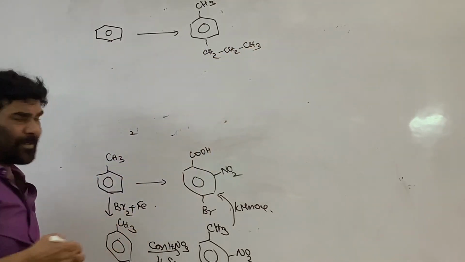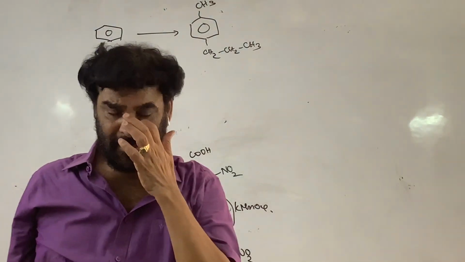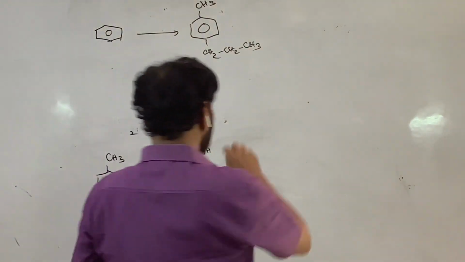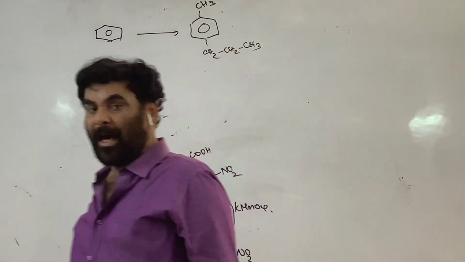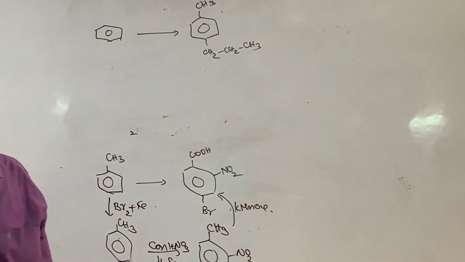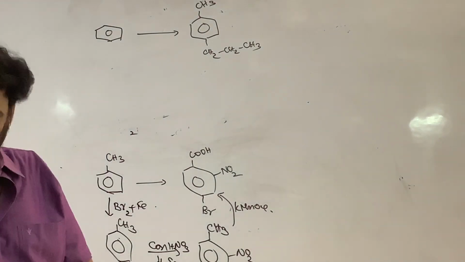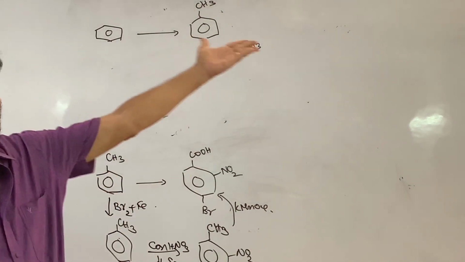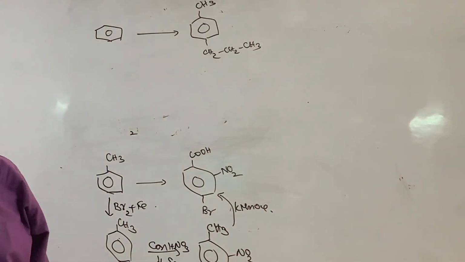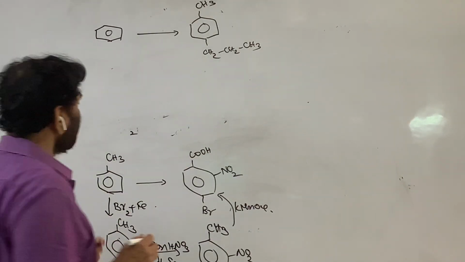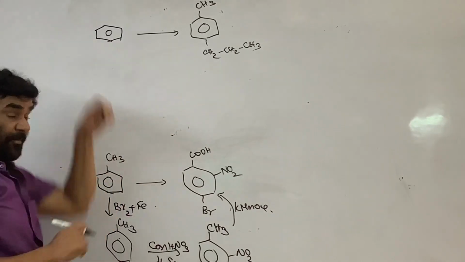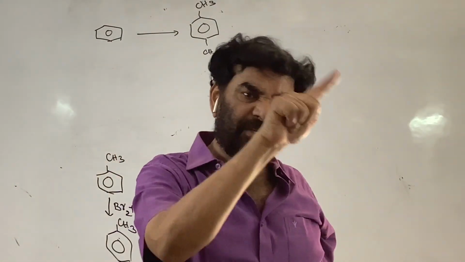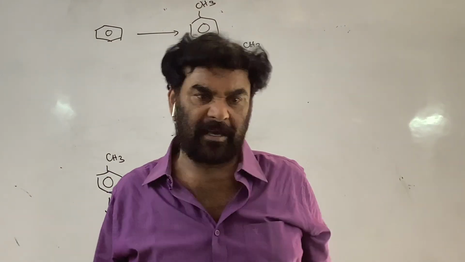Two alkyl groups are introduced. Friedel-Crafts alkylation. But through the Friedel-Crafts alkylation, n-alkyl benzenes cannot be prepared because the carbocation is the intermediate or electrophile here, and it undergoes rearrangement of the carbocation. Therefore, for preparation of alkyl benzenes, Friedel-Crafts acylation is better than Friedel-Crafts alkylation.